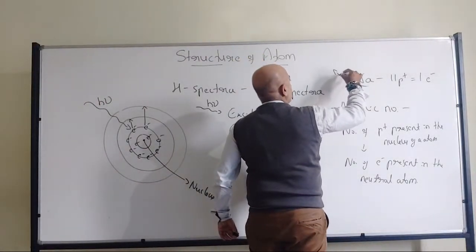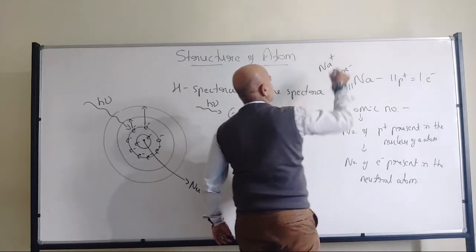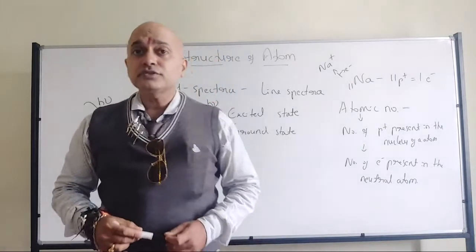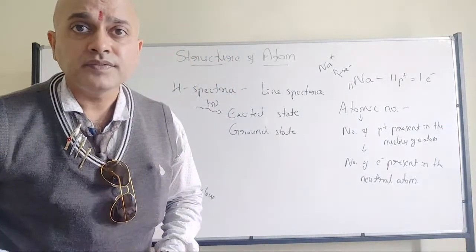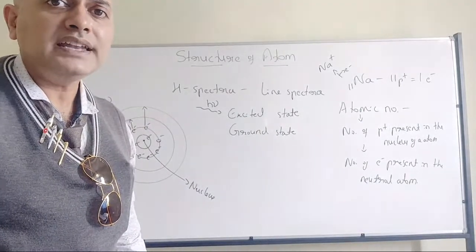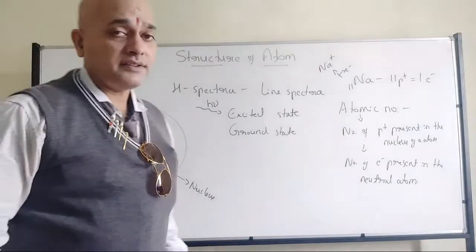If I remove one electron, it becomes Na plus, the sodium ion. What is the atomic number of the sodium ion, Na plus? Anyone? Sodium is 11. One electron is removed, so 11 protons and 10 electrons remain. Now, that's where the confusion is.